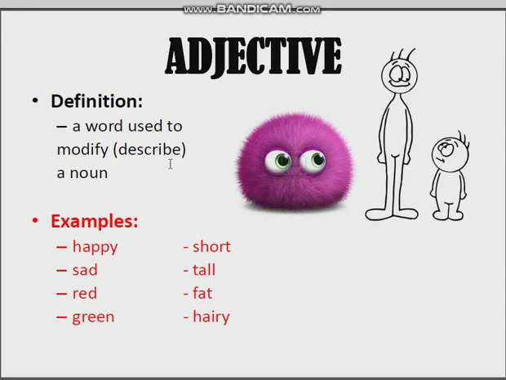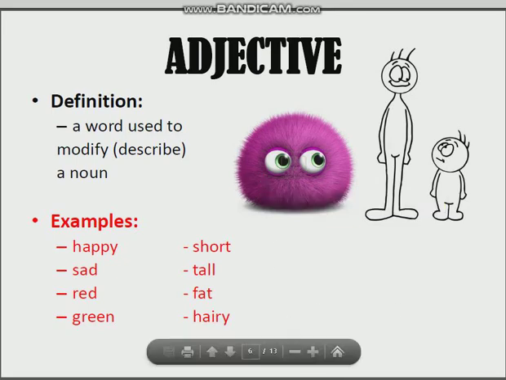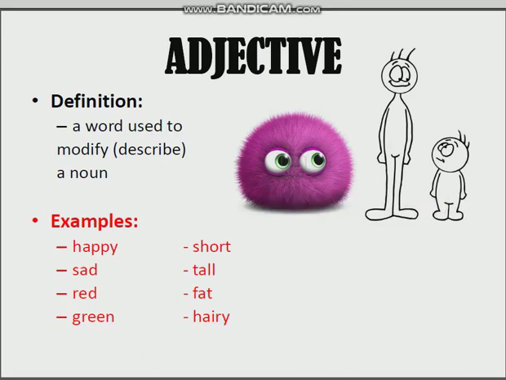You can see some of the listed words: happy, sad, green, red, short, tall, fat, hairy. They can be used to describe any type of noun which comes after them, and generally adjectives are placed before nouns. Remember, adjectives are placed before nouns and they are describing words.